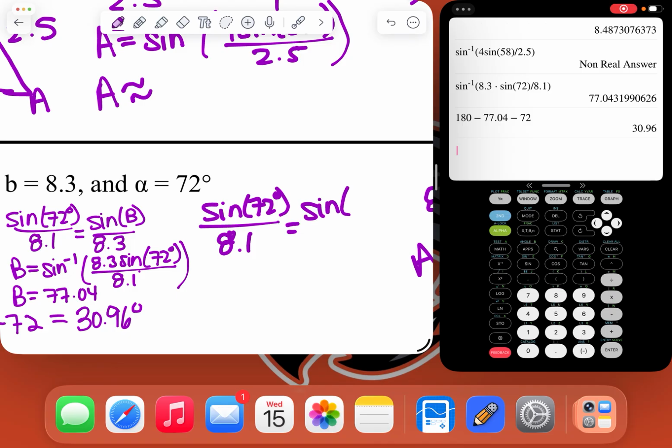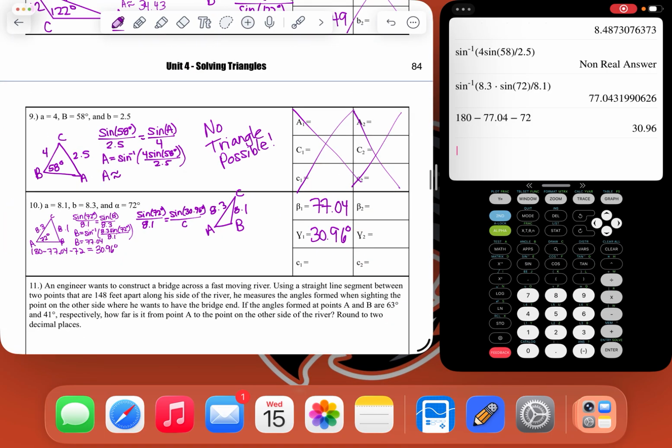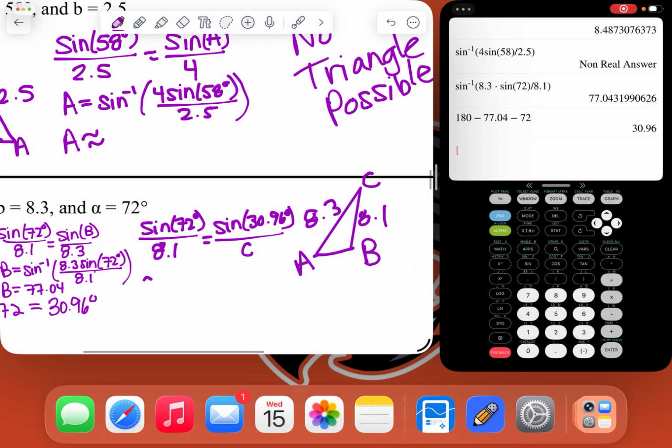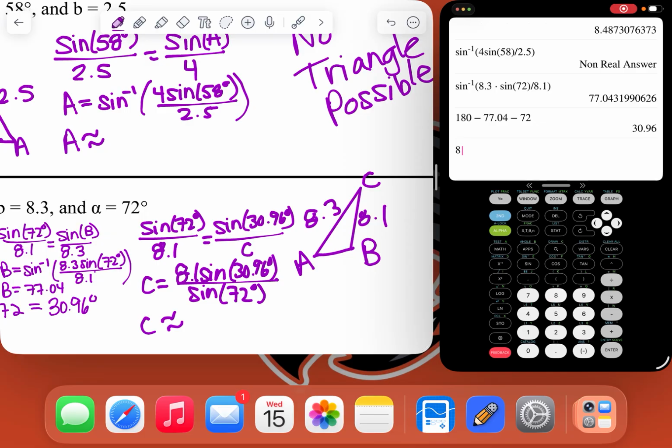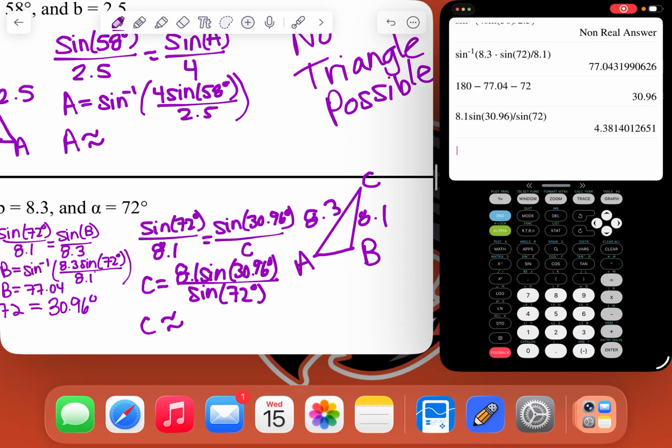And now we know the other angle is 30.96 degrees over its missing side length C. So if we cross multiply and solve, C will equal 8.1 times the sine of 30.96 degrees divided by the sine of 72 degrees. So we get approximately 4.38.